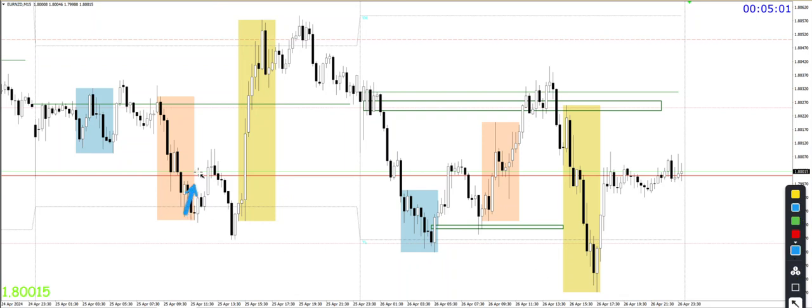We get this move up, and that entices the buyers to get into the market, okay? Now, immediately, so they are basically at that point in time on the right side of the market, but then what happens? We get a move down that scares out all of those buyers that bought down here at the low of the previous day.